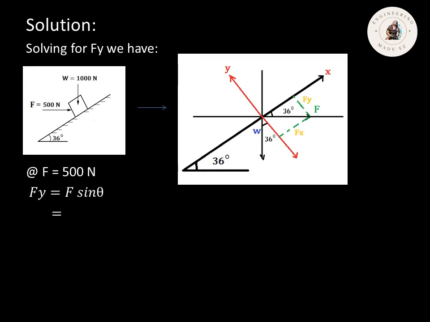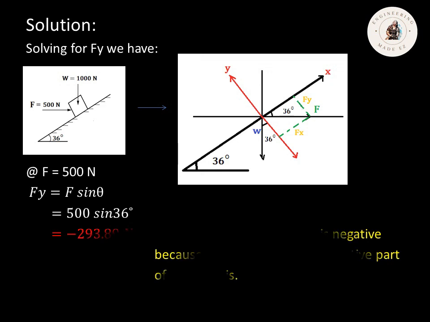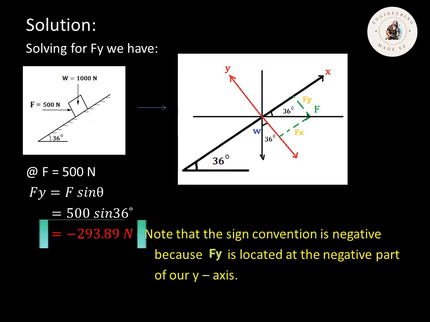That's why we have Fy is equivalent to 500 multiplied by sine 36 degrees. Using our calculator to compute for our Fy, we have Fy is equivalent to 293.89 Newton. Take note that the sign convention here is negative because Fy is located at the negative part of our y-axis.